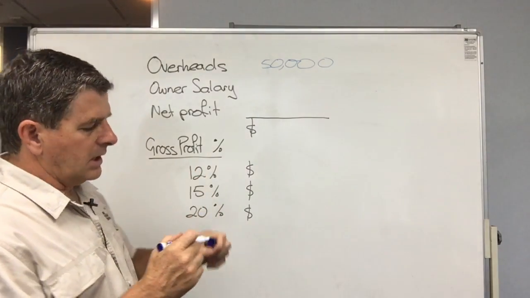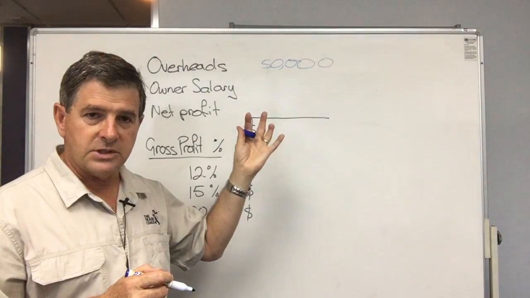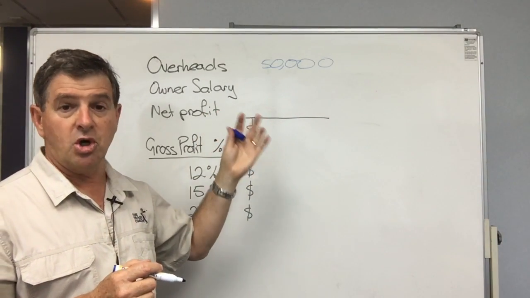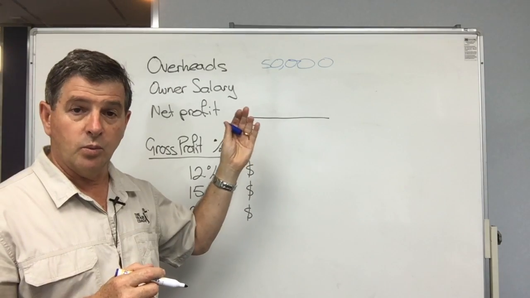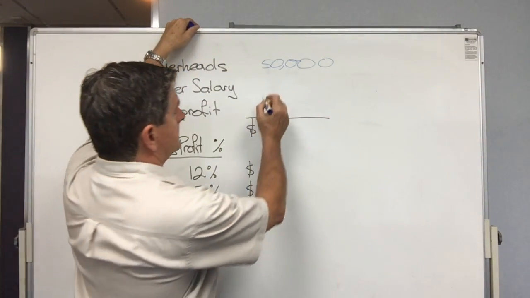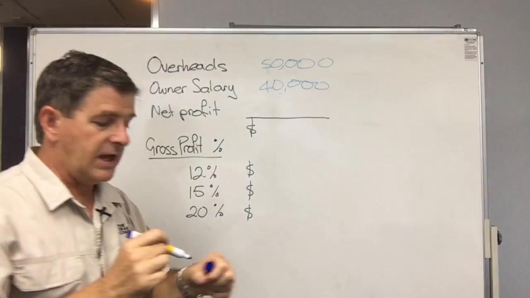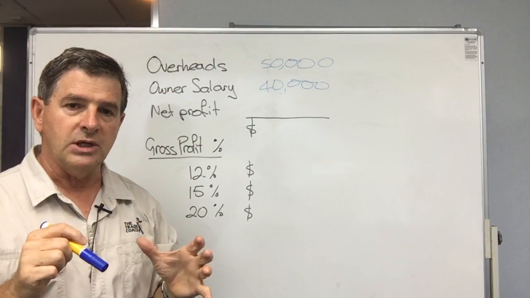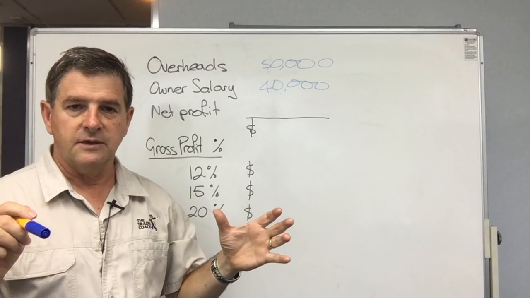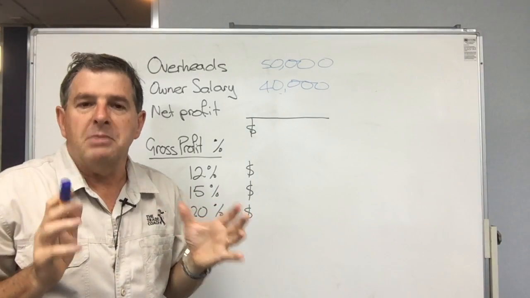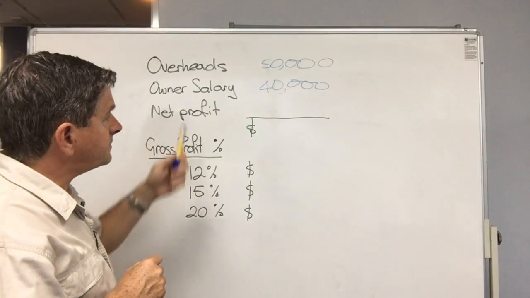So in our business here, this owner is still on the tools, and the majority of their income is from working on site, but we've decided that in addition to that he should be earning $40,000 for the pure management of the business. Okay, great.